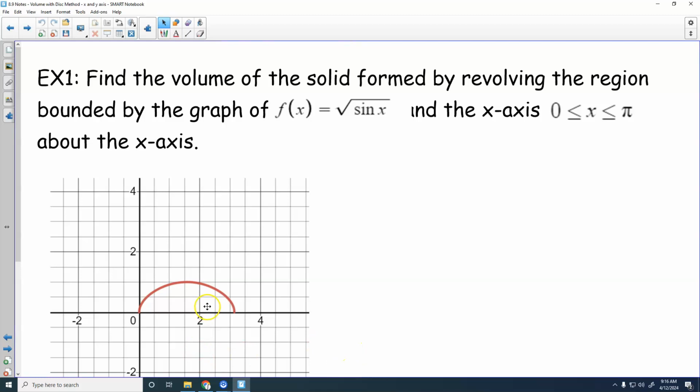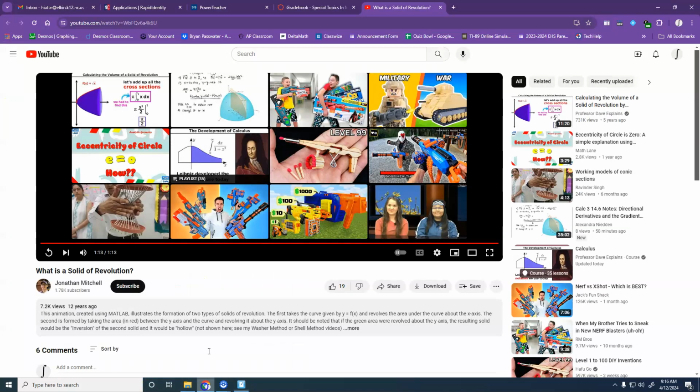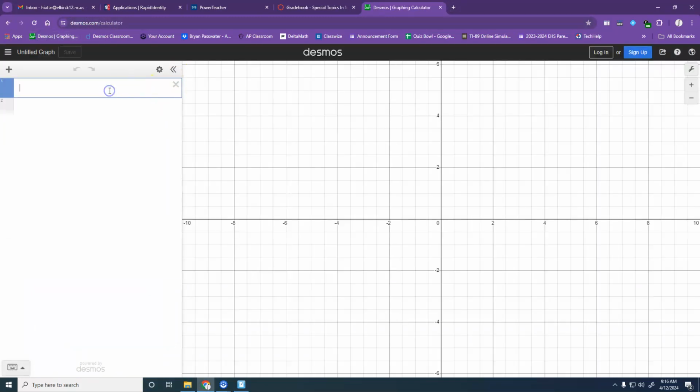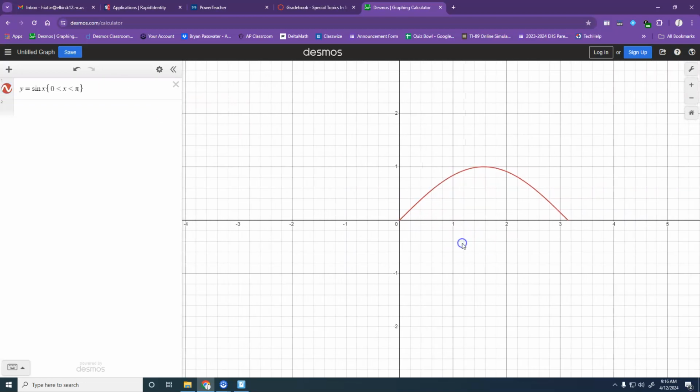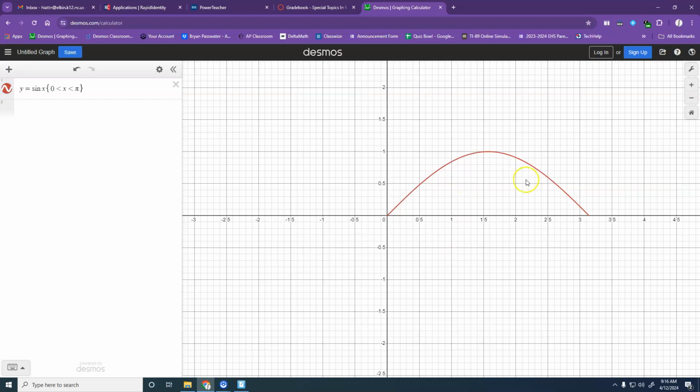That looks really funny. I'm going to fix that. Let's go to Desmos real quick. Y equals sine x, 0 less than x less than pi. I don't even know what exactly I did there to get it to look so football shaped instead of taller like this.